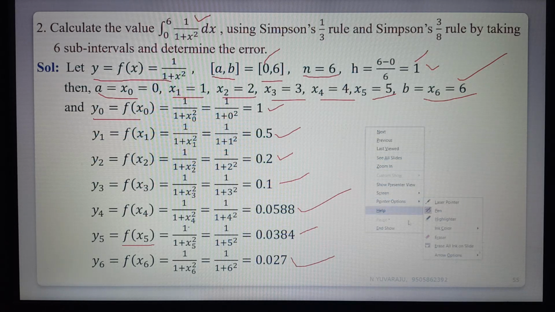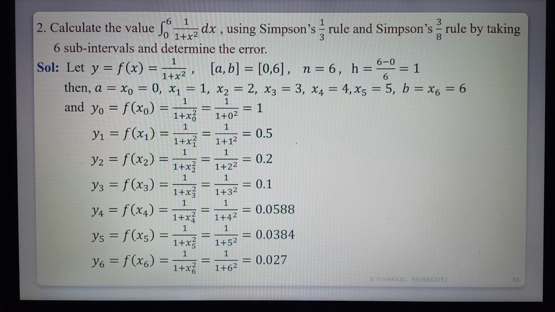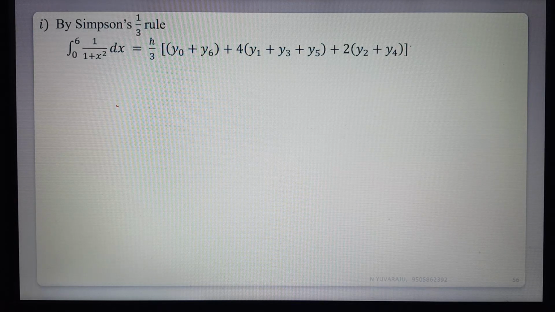So by directly substituting into the two formulas, we get the numerical value. First, by Simpson's 1 by 3 rule. This is the formula: h by 3 into y0 plus y6, the last value, plus 4 into the odd ordinates, y1 plus y3 plus y5, plus 2 into the remaining even ordinates, y2 plus y4.